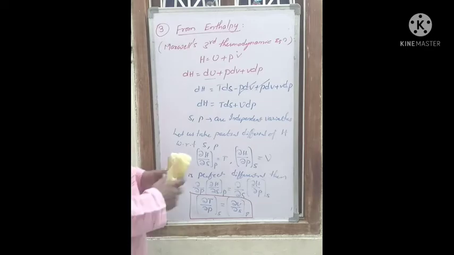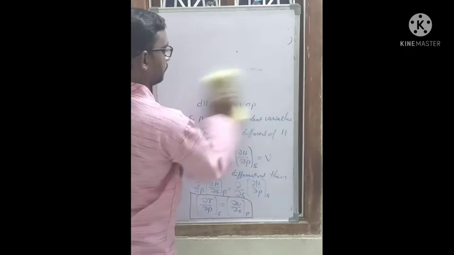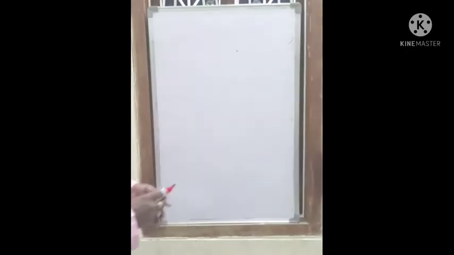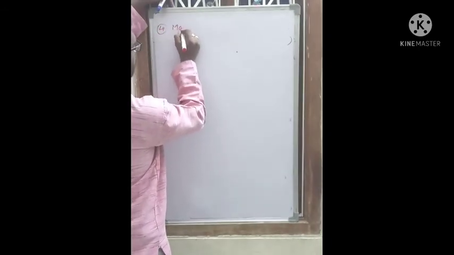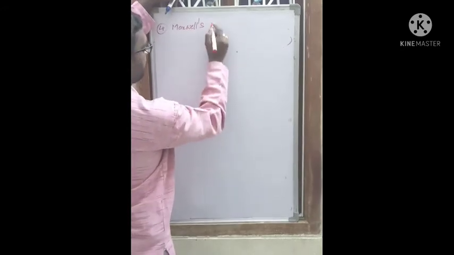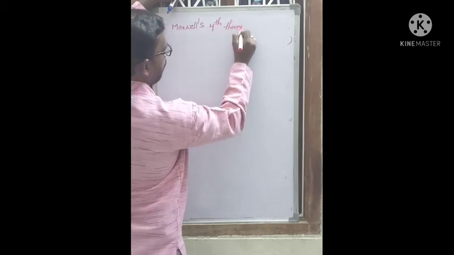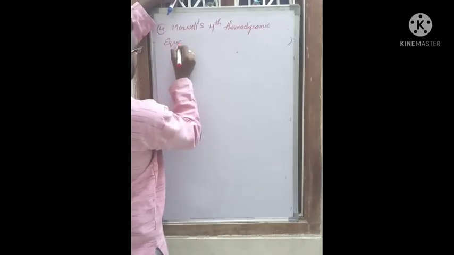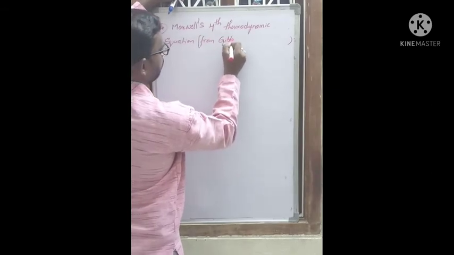Next one is Maxwell's fourth thermodynamic equation, from the Gibbs function.